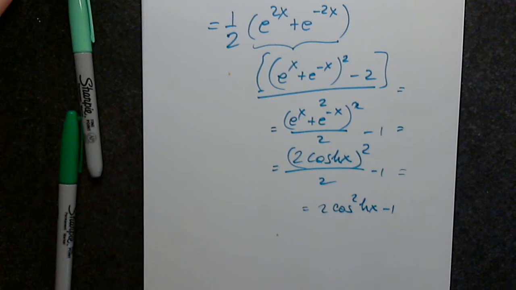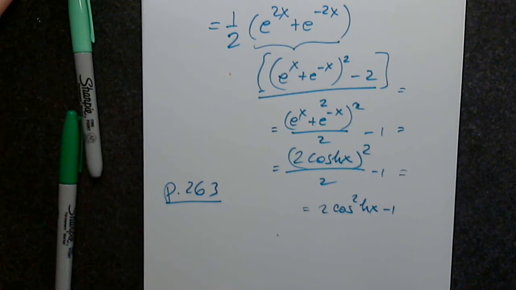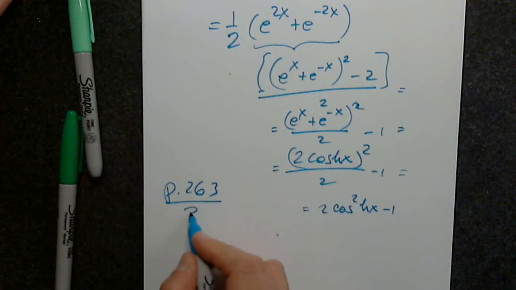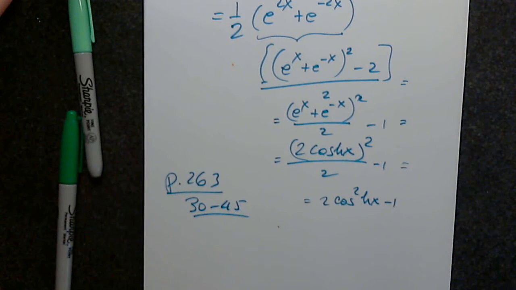Okay, so let's look at differentiating a few functions. Please choose if you'd like on page 263. Let's say 30 to 45. But please select, otherwise we'll have to use formulas, which is fine by me. But please select, if you can, hyperbolic sine, hyperbolic cosine, hyperbolic tangent.